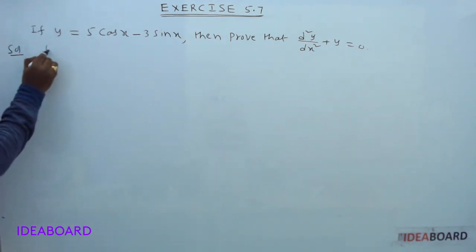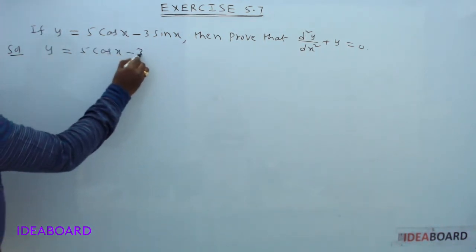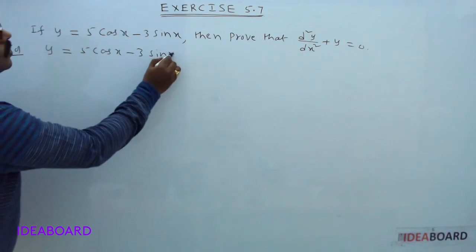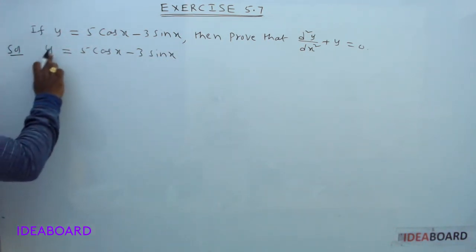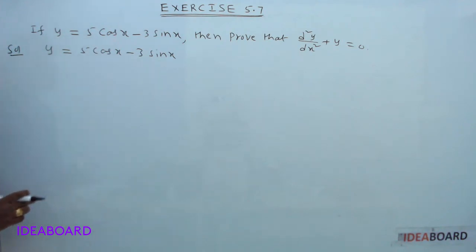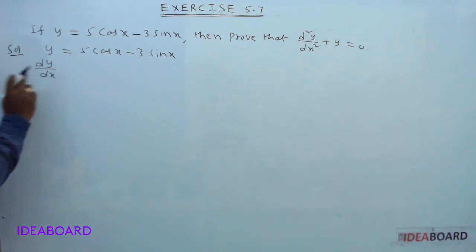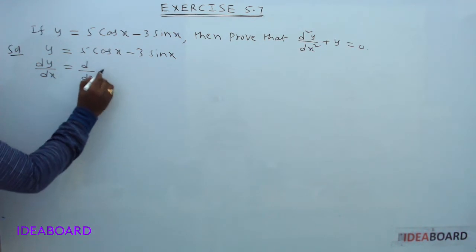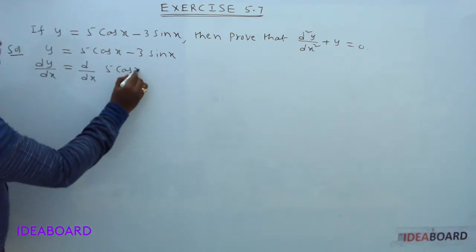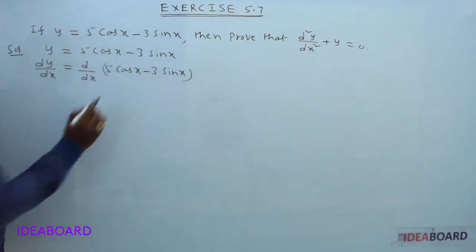First write down the given function y equals 5 into cos x minus 3 into sin x. Differentiate this equation on both sides with respect to x. So the derivative of y with respect to x is dy by dx. This equals d by dx of 5 cos x minus 3 sin x.